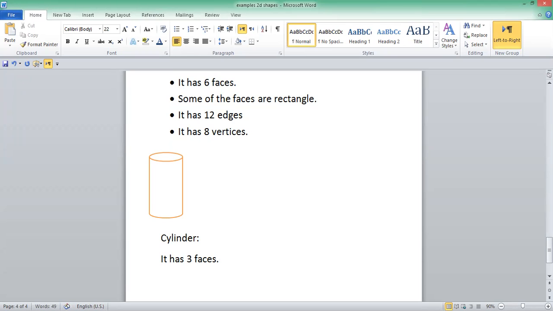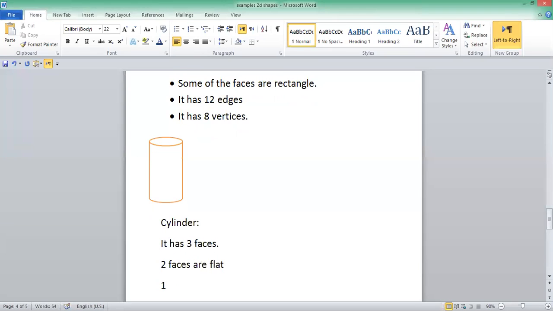Two of them are flat, or you can write 2 faces are flat. One face is curved. In that way you can write it. It has 3 faces. 2 faces are flat and 1 face is curved.